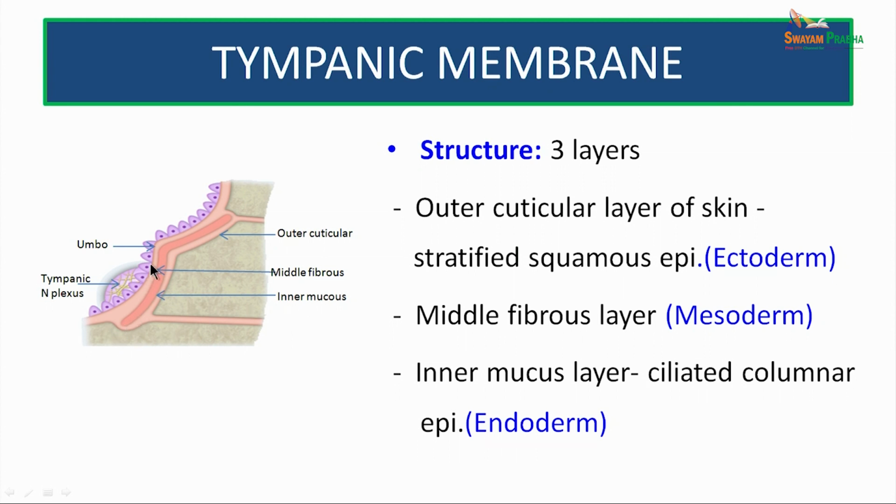There is a middle fibrous layer derived from the mesoderm. The inner layer derived from the endoderm is ciliated at areas, and it has both columnar and squamous epithelium.